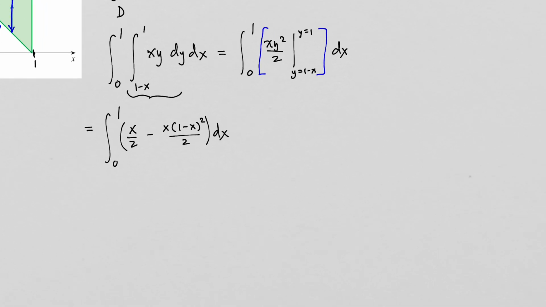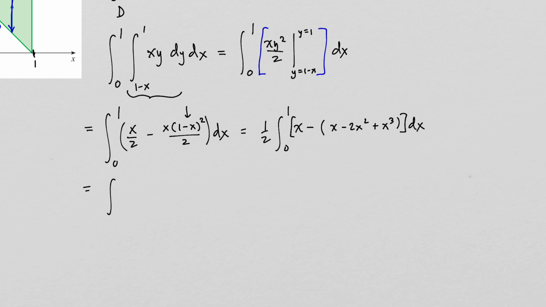So now we need to multiply this out. Notice that I could pull out the 1/2 here. So this is going to be 1/2 integral 0 to 1. Then we have x minus, and when we multiply this out, we should get x minus 2x squared plus x cubed, all with respect to x.